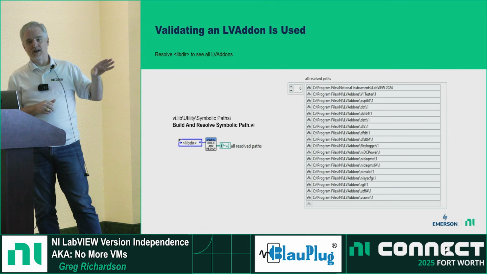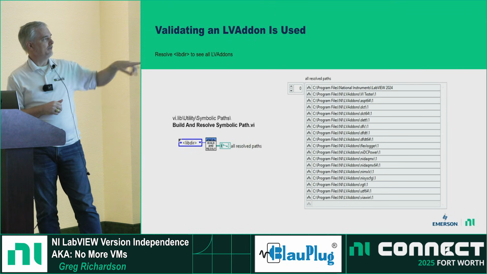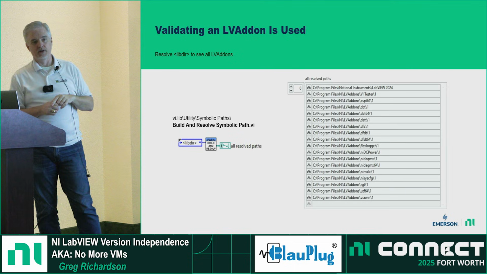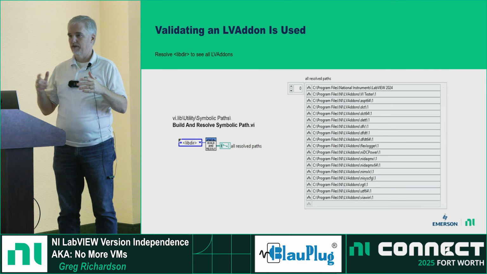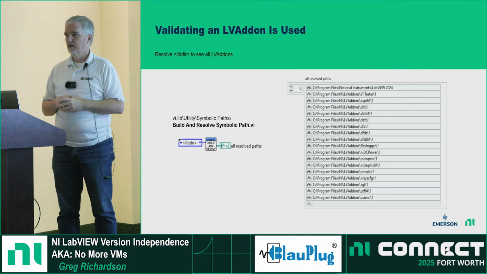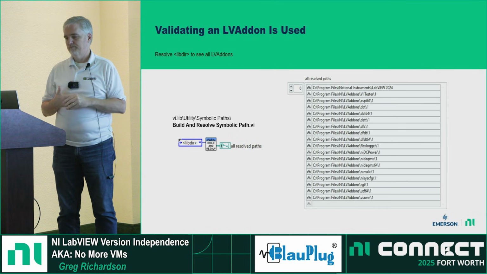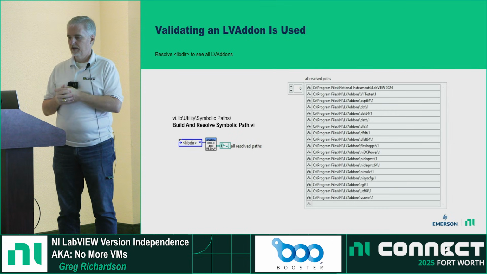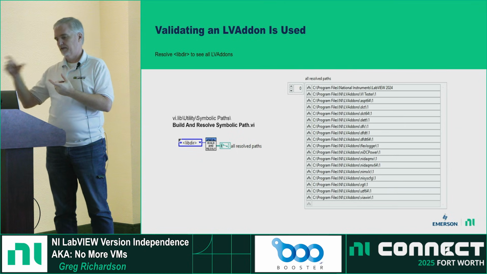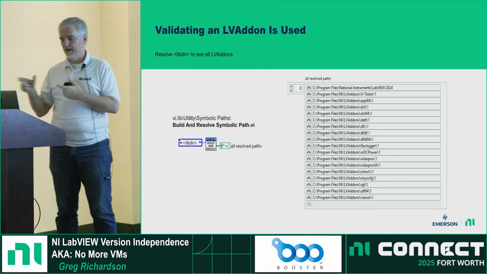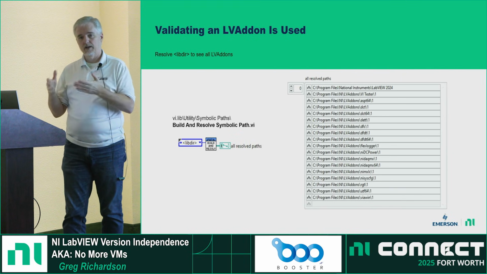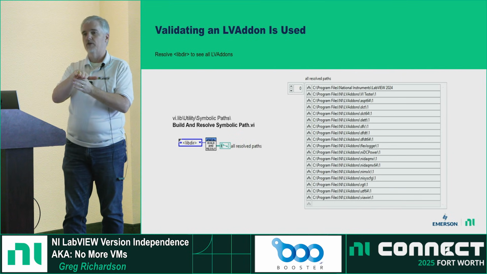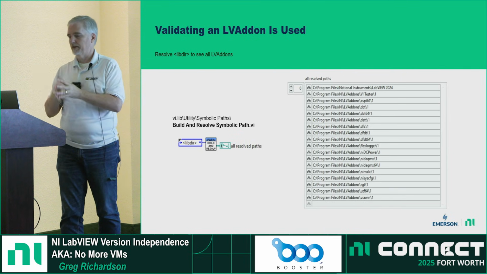It resolves our symbolic paths. And if you use it and resolve this libdir, libdir is our symbolic name for the equivalent of the LabVIEW directory. So it's the LabVIEW directory as opposed to being vi.lib within that.